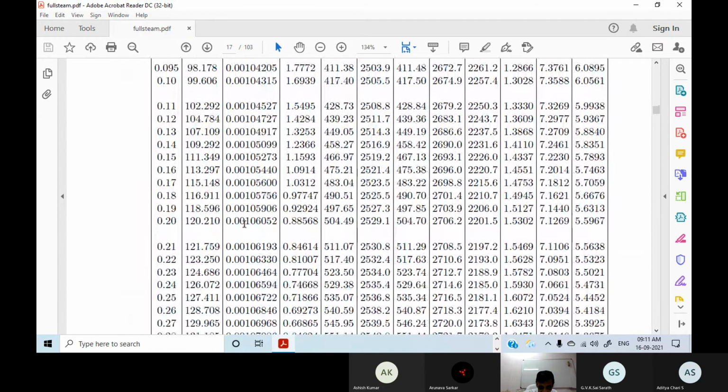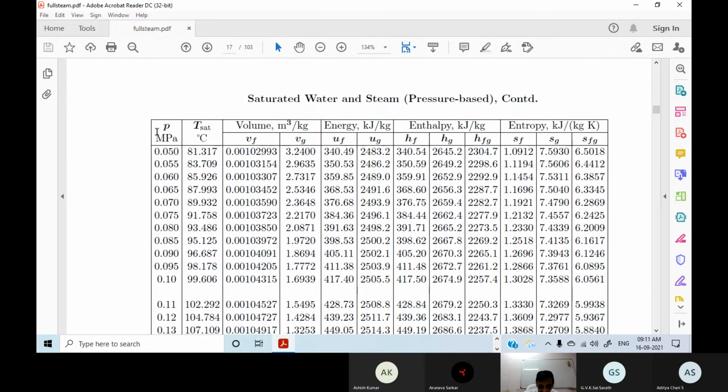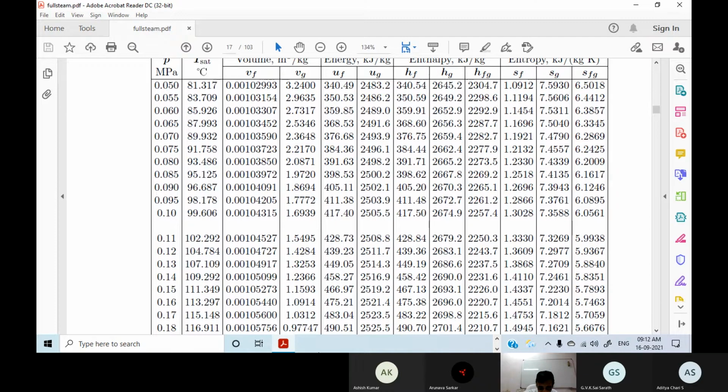I scroll down until I come to the point where pressure is 0.15 megapascal. If you see, this is pressure and these last three columns are entropy: SF, SG and SFG, all in kilojoule per kg Kelvin. So at 0.15, SF is 1.4337 and SG is 7.2230.